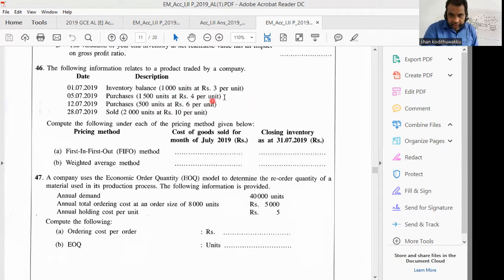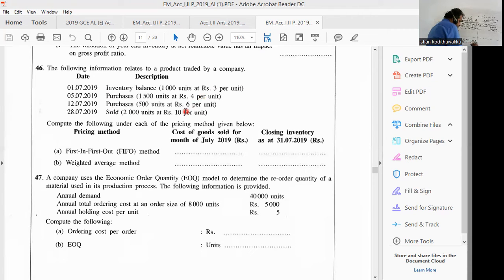Then the latest average price is 9,000 divided by 2,500. The total value: 1,000 into 3 is 3,000, and the new receipt of 1,500 at 4 is 6,000.